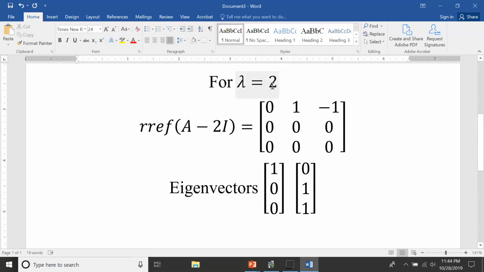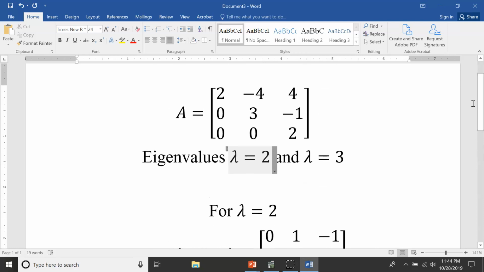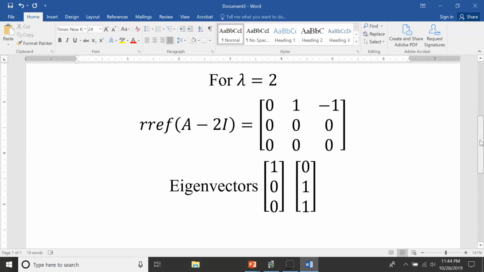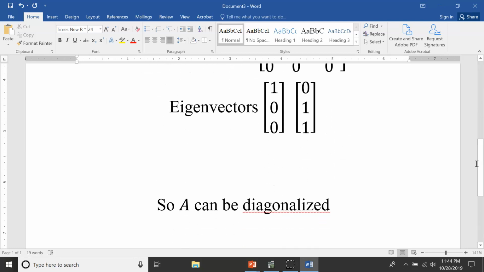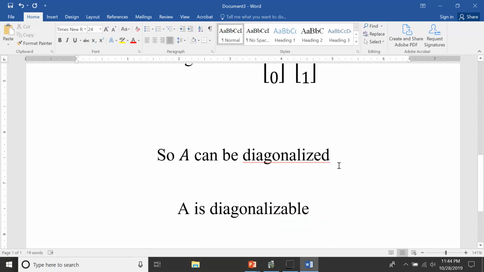So 2 had multiplicity of 2, and that generates these two eigenvectors. I should say, the dimension of the eigenspace is 2, and the multiplicity is 2. Obviously, my other eigenspace would have dimension 1, and 3 has multiplicity of 1. And therefore, A can be diagonalized. Or, in other words, A is diagonalizable.